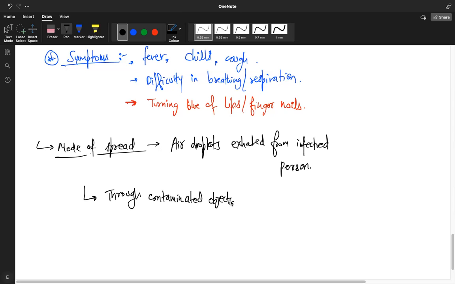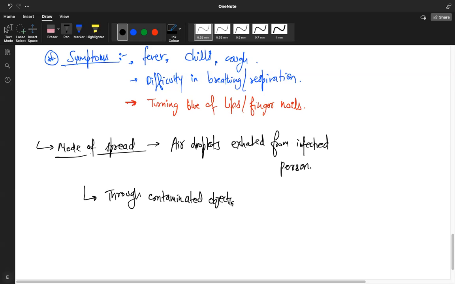This can also be prevented by doing what? Isolation, but for the person. By cleaning your hands more often, using hand sanitizers, and not touching your face, nose, or eyes without washing the hands.